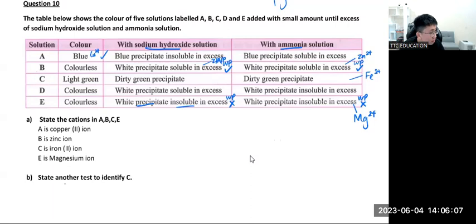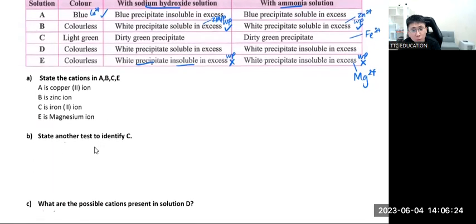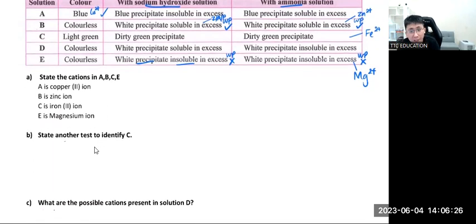Okay, so in this case here, guys, can you try to do B? They say state another test to identify C. So C is Fe2+.